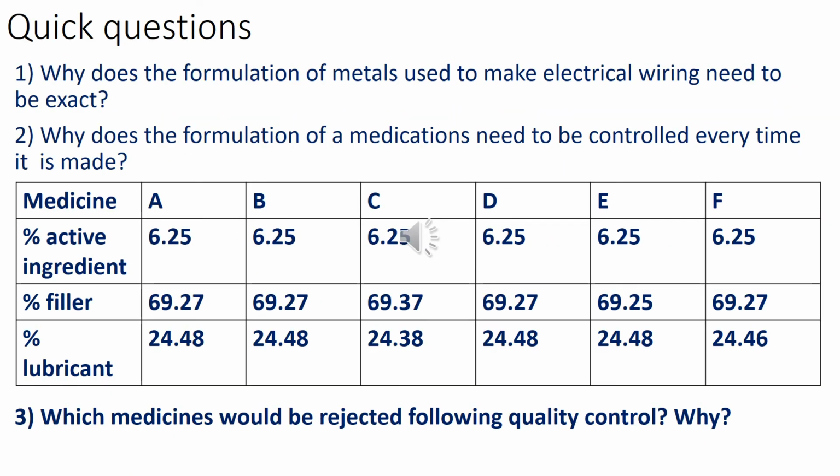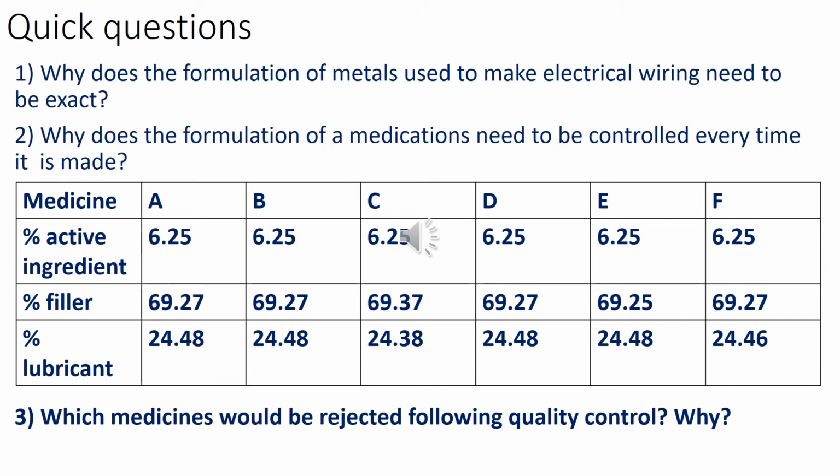On this slide, I want you to try to answer the following questions in your exercise book. Question number 1, why does the formulation of metals used to make electrical wiring need to be exact? Question number 2, why does the formulation of a medication need to be controlled every time it is made? And question number 3, which medicines would be rejected following quality control and why? So for question number 3, I want you to look at the table.